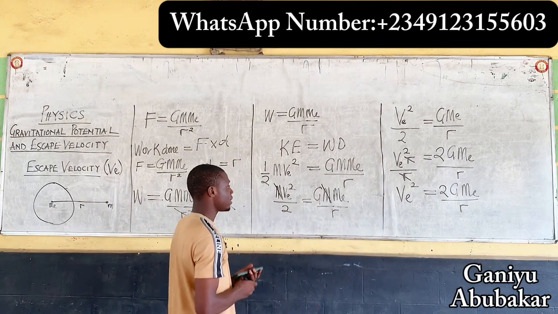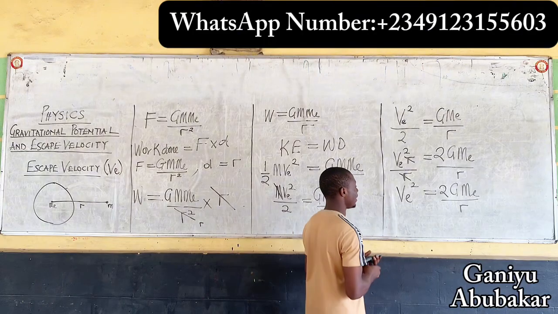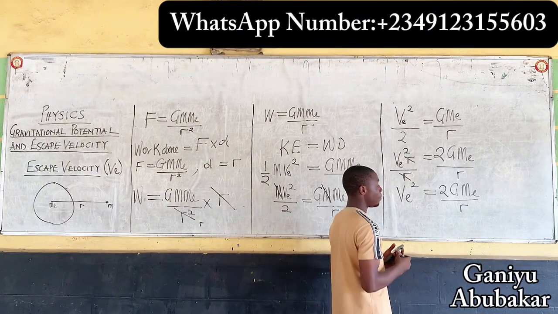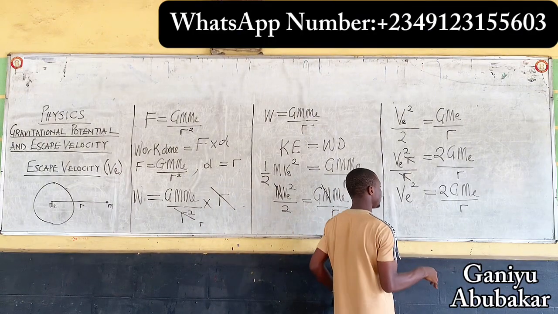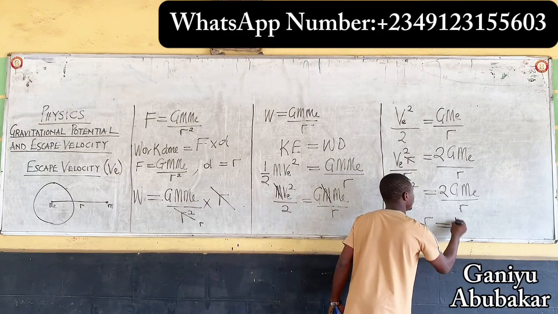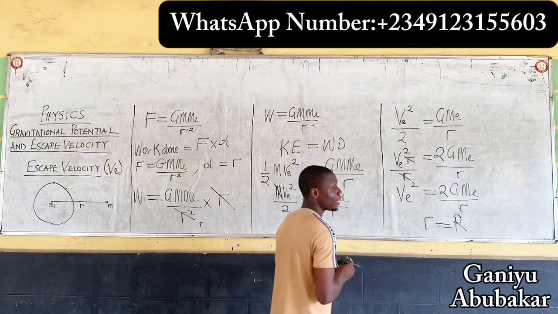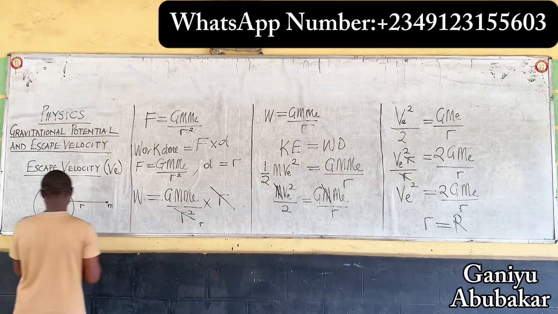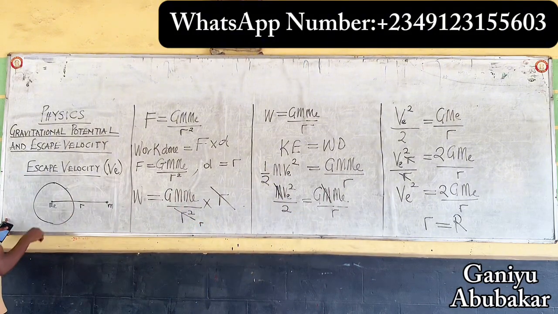Next task here is that I will replace small r as being equal to capital R. Why? We said for the object to surpass the Earth, right?